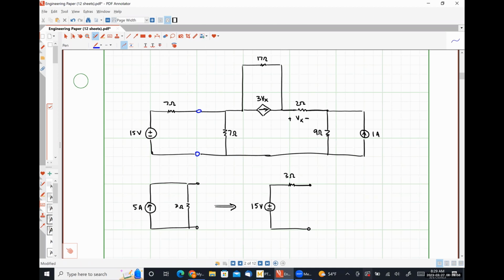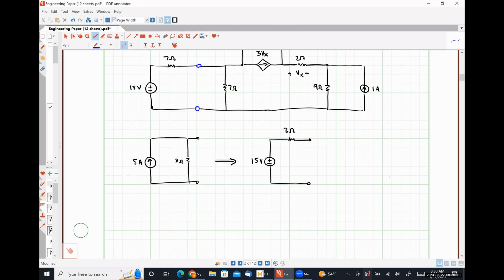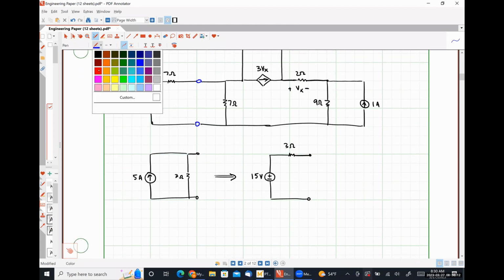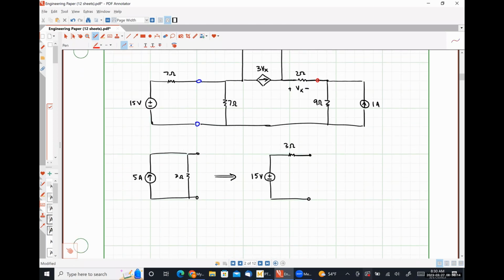What can I do now? So I could transform the 1 amp and the 9 ohm. Absolutely, we can do that. Let's throw some terminals over here. So here is a terminal and here is a terminal.